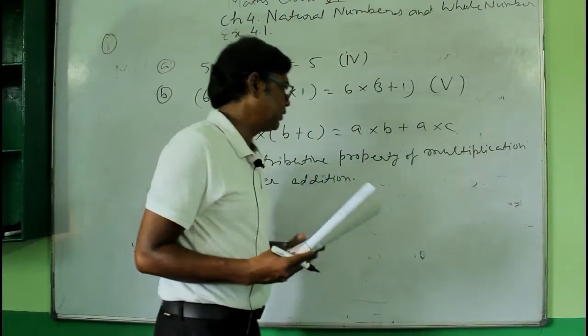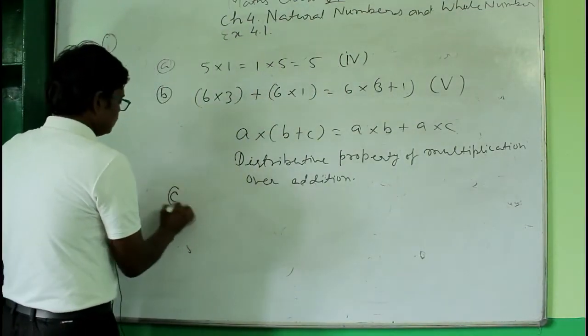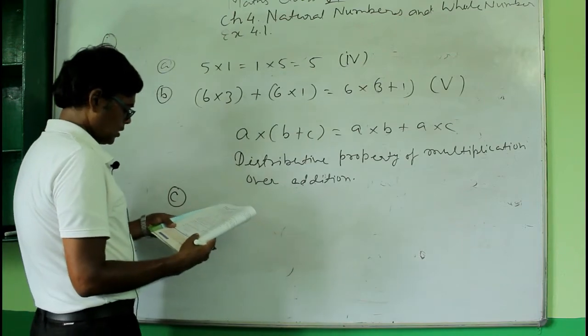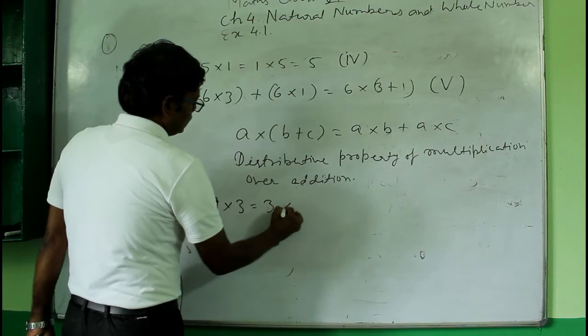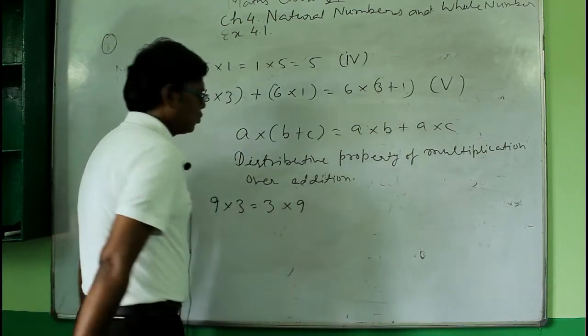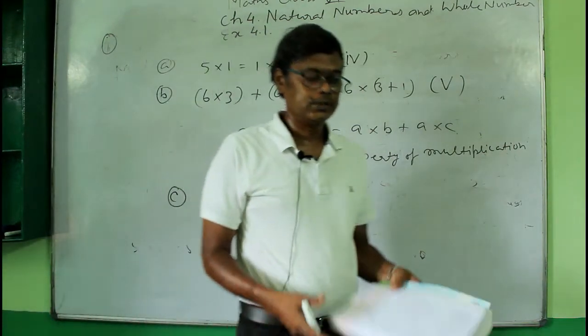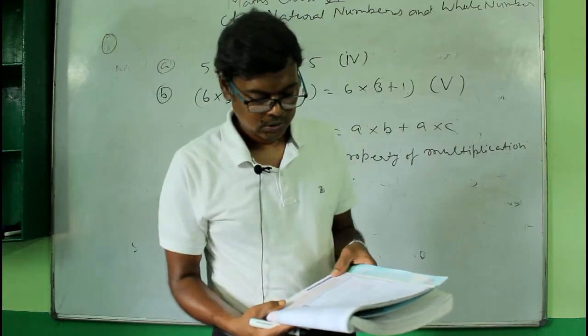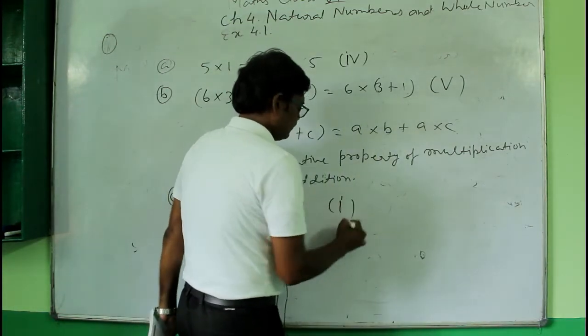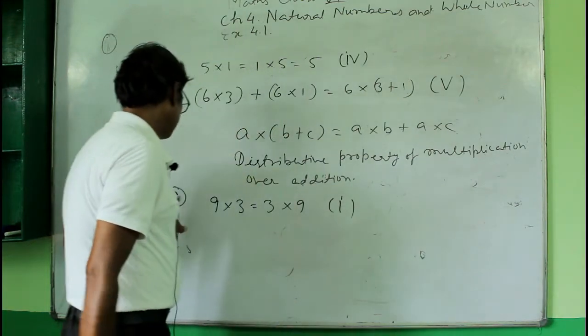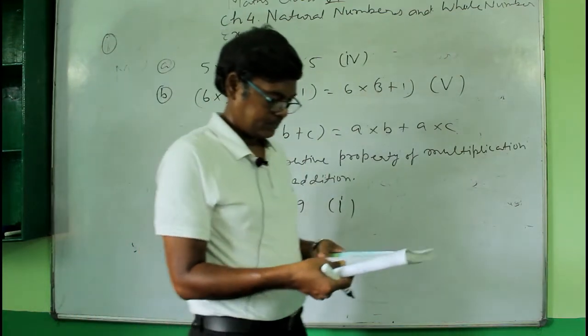And question number C is here: 9 into 3 equal to 3 into 9. This is the commutative property of multiplication. So here the answer will be 1. That is for C, the answer is 1.